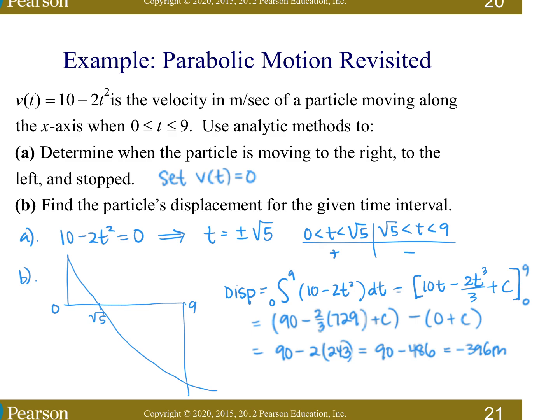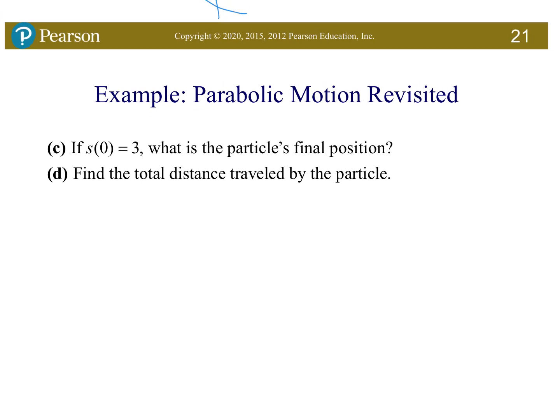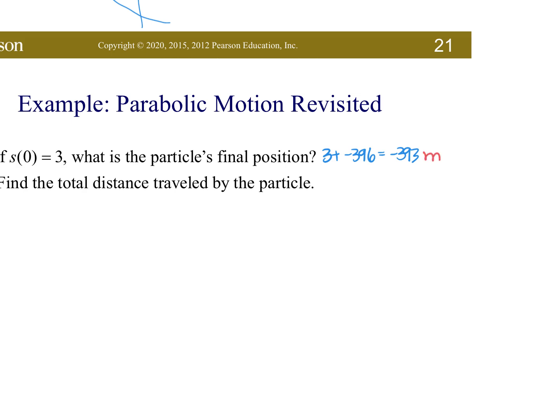Again, not enough to know where its final position is. So if our starting position was number 3, so we've had 3 plus negative 396. So we're looking at negative 393 meters.